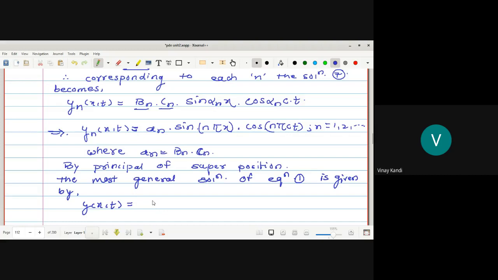So the sum of all the y1, y2, y3, that is n is equal to 1 to infinity of y_n of x t. This implies, put the value of y_n here: summation n is equal to 1 to infinity, where the value of y_n is a_n into sin n pi x into cos n pi c t.